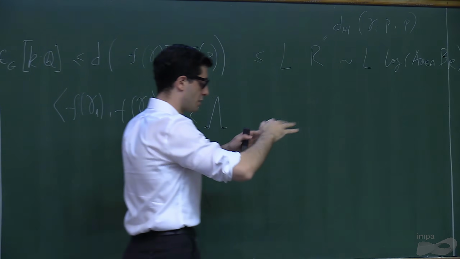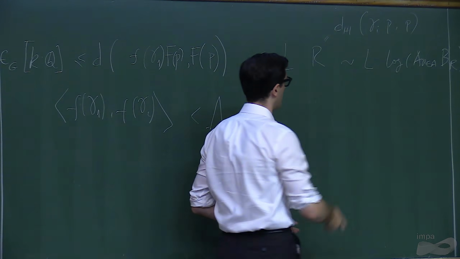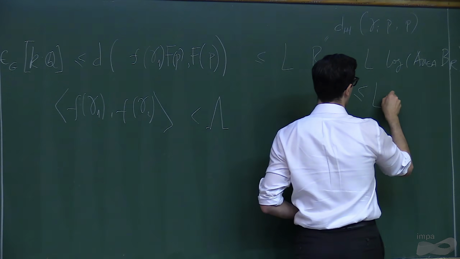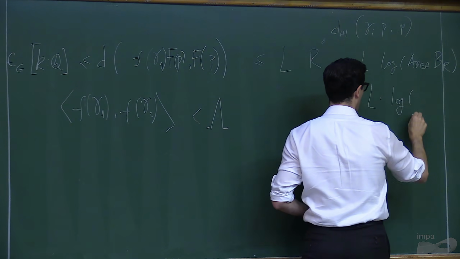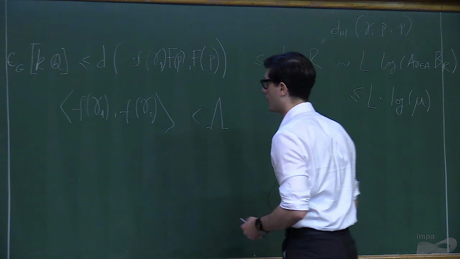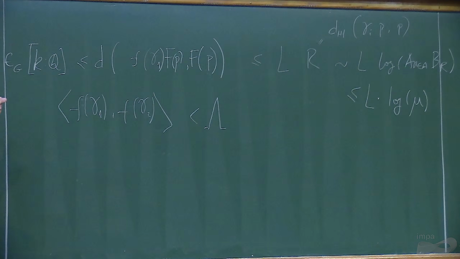But this disk is circumscribed in the fundamental domain, so this is less than the whole co-area, which is by hypothesis bounded by mu, sorry. And this shows that there is a bound for the degree of the invariant trace field in terms of all the other bounds that you have. So that's the first step in the proof.